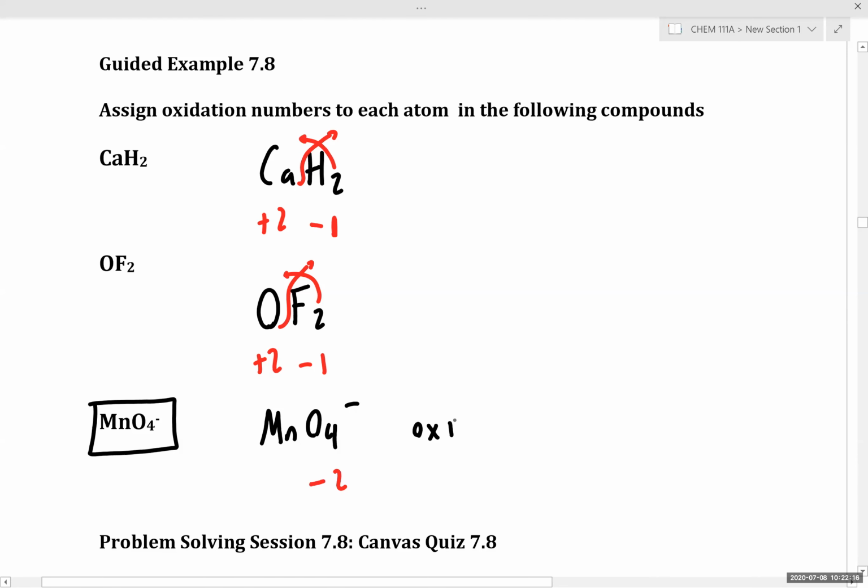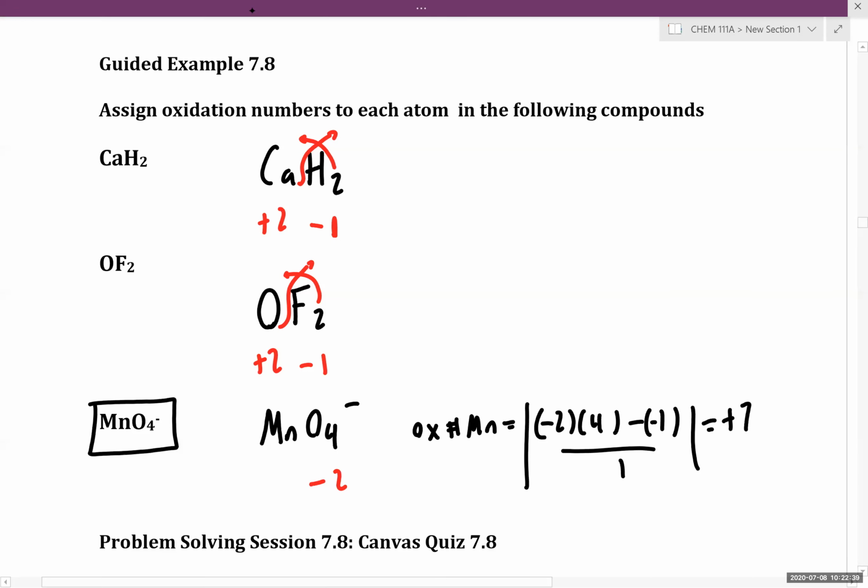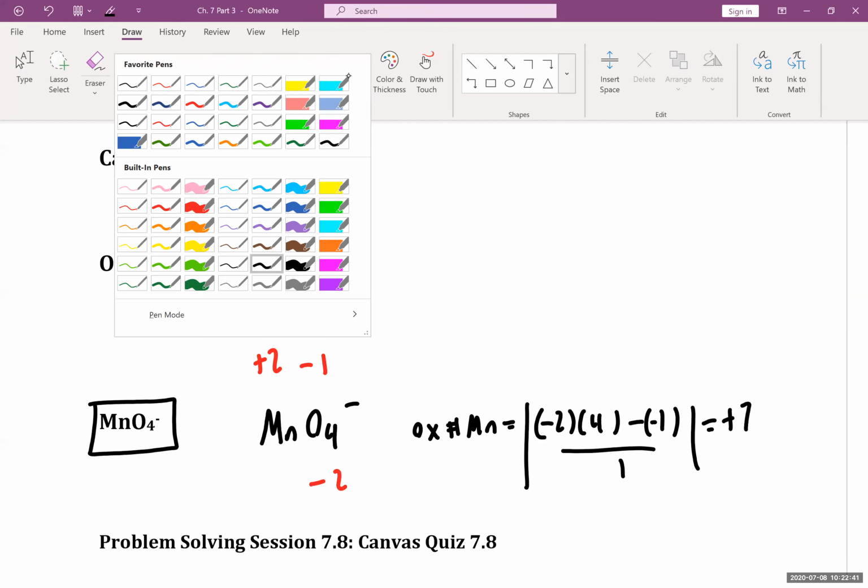So then we can now solve for the oxidation number of manganese by taking our oxidation number of oxygen times the number of oxygen atoms minus the total charge, which is -1, over the number of manganese atoms, which in turn gives us an oxidation number of +7.